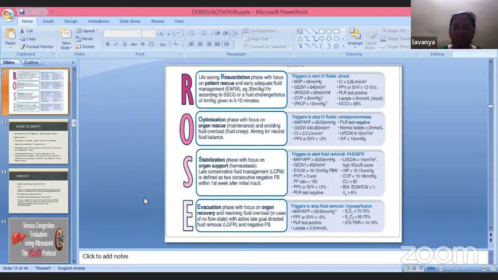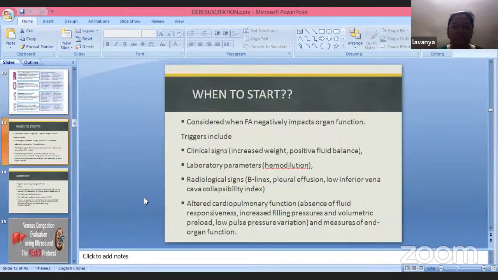There are some specific tests like the indocyanine green test, but I don't think it is readily available. So I will be discussing when to start and when to stop in more detail. When to start de-resuscitating a patient: we already know that when fluid accumulation is negatively impacting organ function, we have to start.